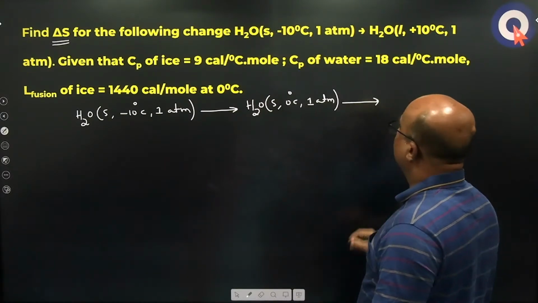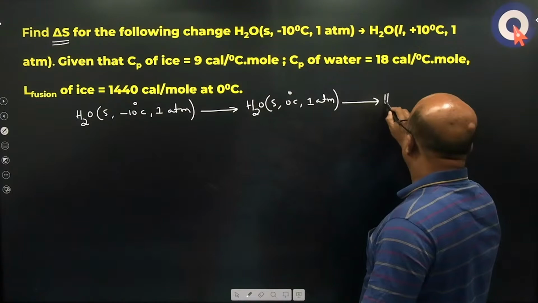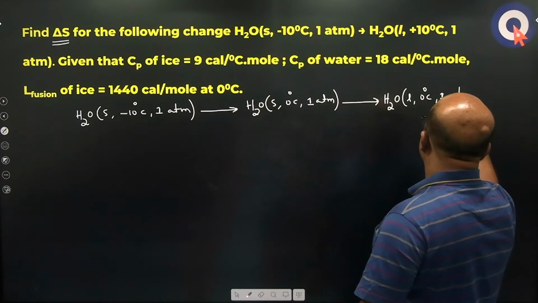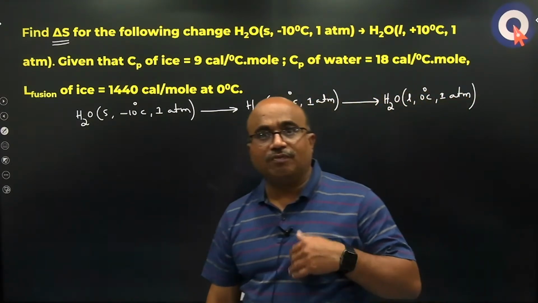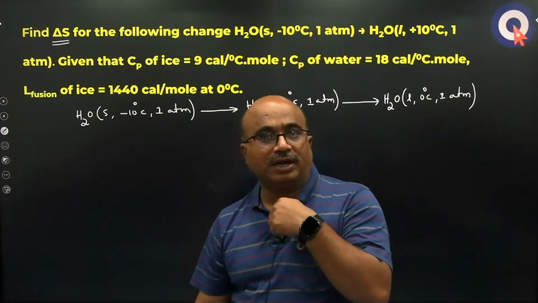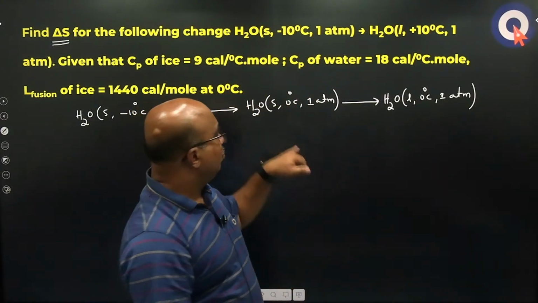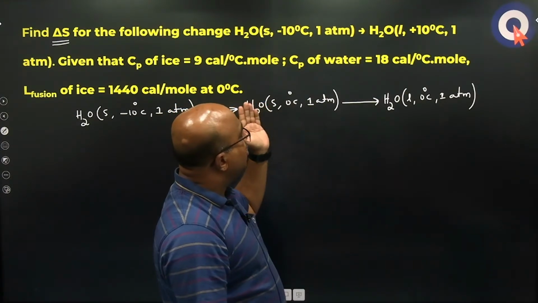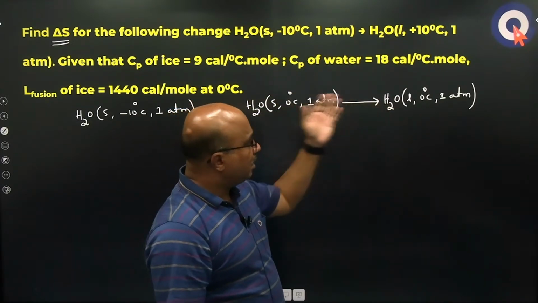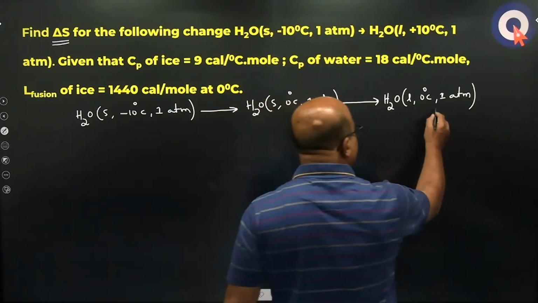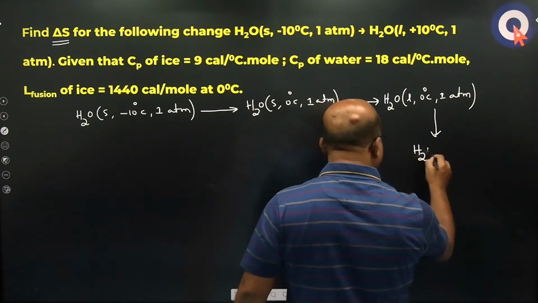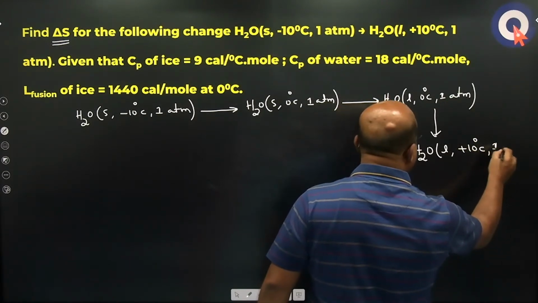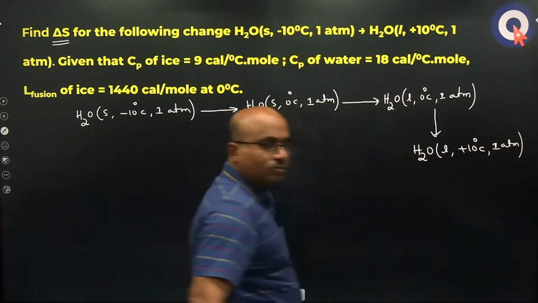Next, the solid converts into liquid at 0 degrees centigrade, because 0 degrees centigrade is defined as the melting point of water. So it's a fusion process, where solid converts into liquid at its melting point, and from there the water, as liquid at 0 degrees centigrade, changes to plus 10 degrees centigrade.